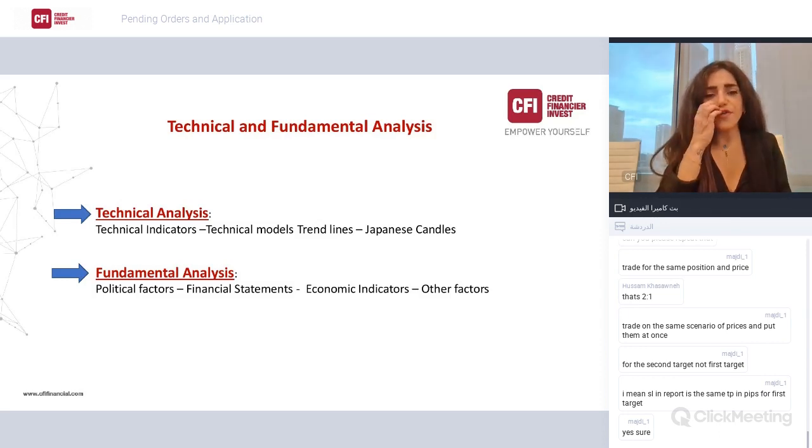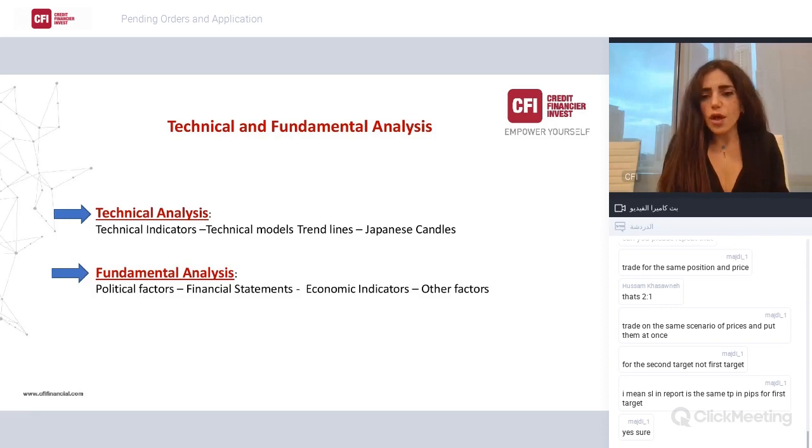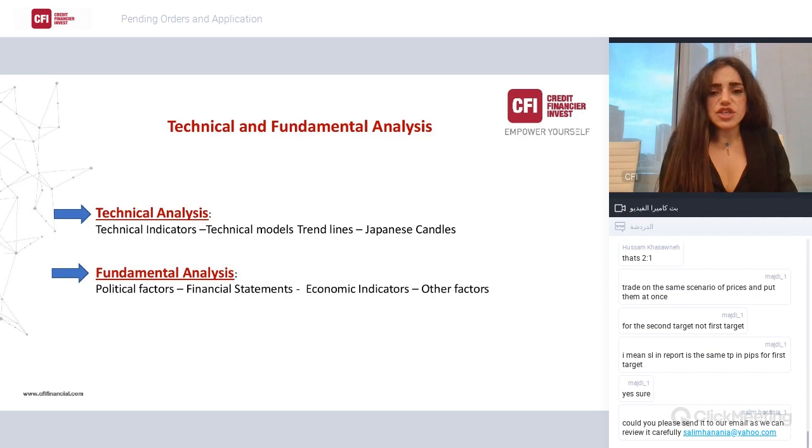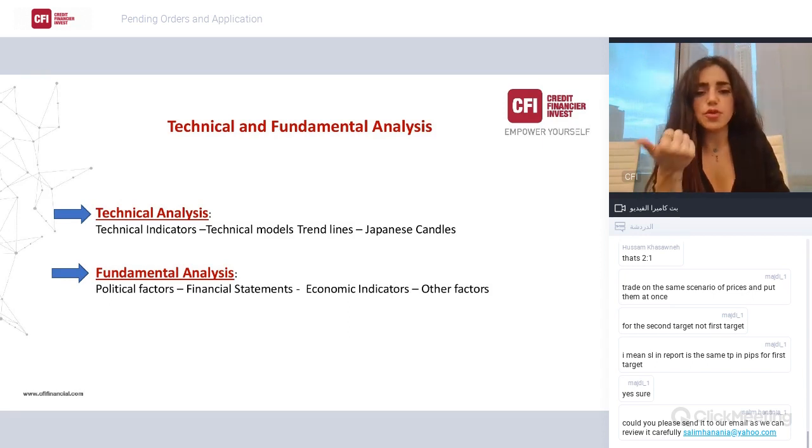Japanese candles are very important technical analysis tools that are used by most investors and even most people who trade, okay? So we're going to do a session next time about this. And then the fundamental analysis, we have talked briefly. Fundamental basically is anything that you see in the market that has to do with politics, that has to do with financial statements.